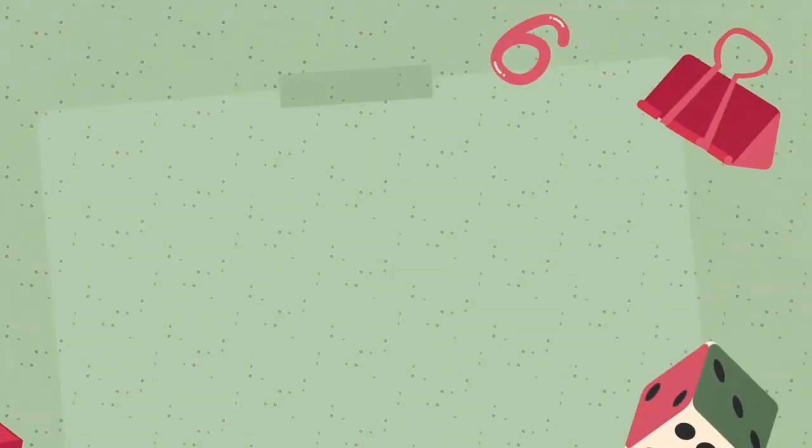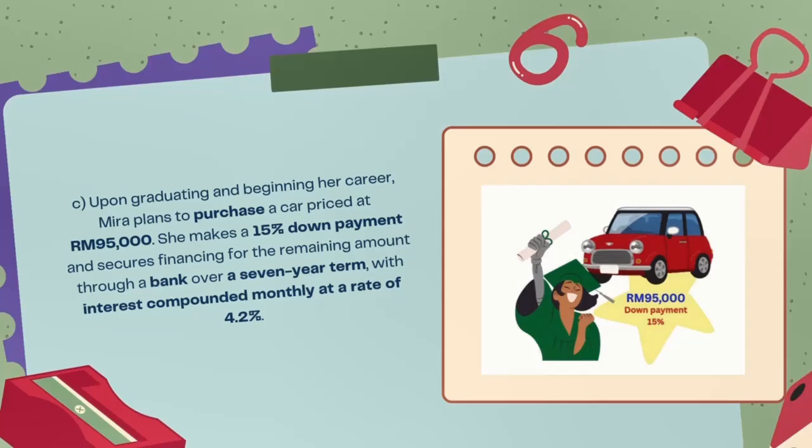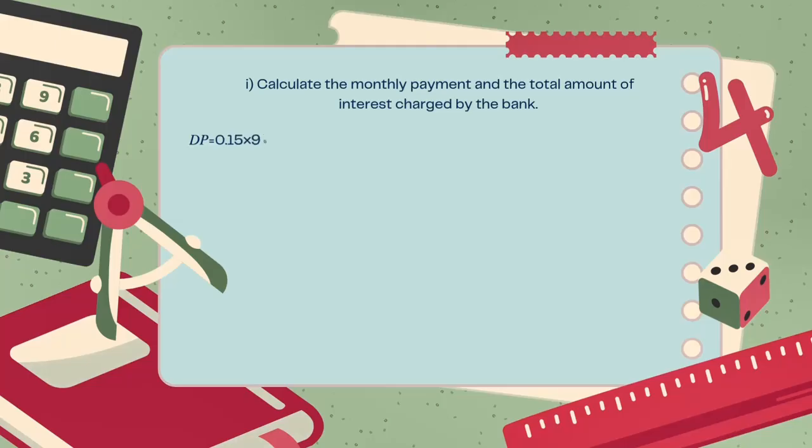In this question, Mira planned to purchase a car priced at 95,000 ringgit. She makes a 15% down payment, so the amount that she paid up front is DP equal to 0.15 times 95,000 ringgit. DP equal to 14,250 ringgit. The remaining amount that needs to be financed by the bank is B equal to 0.85 times 95,000 ringgit, and B is equal to 80,750 ringgit.